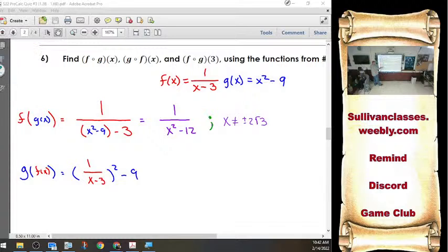When you square a fraction, square numerator and denominator, just not like a freshman. 1 over x squared minus 6x plus 9, there we go, minus 9. Again, if you want to get common denominators and write it as a single rational term, you can. I'm not going to make you.